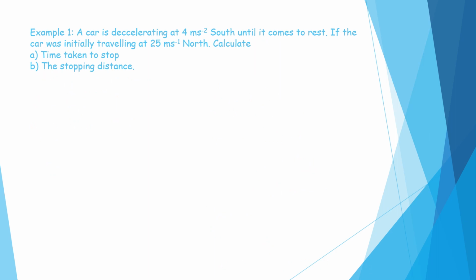Now let's look at a second example. Our car is decelerating at 4 meters per second south. This means they are slowing down. So if their acceleration is 4 meters per second south, that means they're actually doing -4 meters per second north.